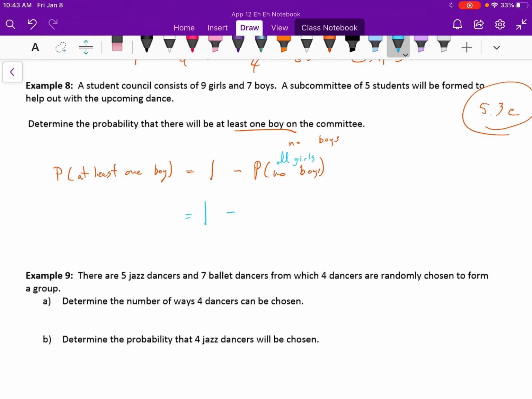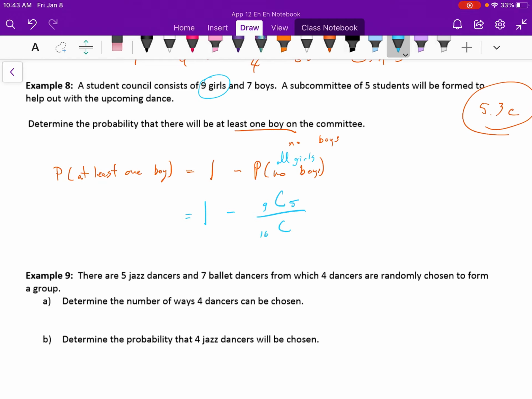Well, I'm forming a subcommittee of 5 people, and I'm going to ask, how many ways is there to choose nothing but girls? Well, I have 9 people to choose from, and I'm choosing 5 of them, so that's going to be 9 choose 5, divided by the total number of different arrangements.